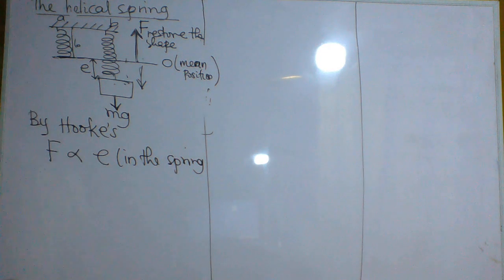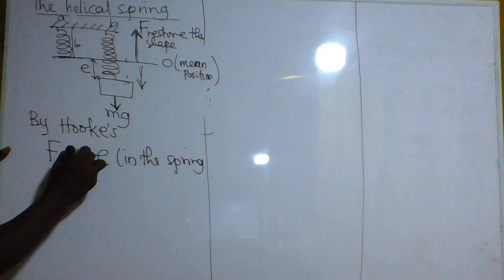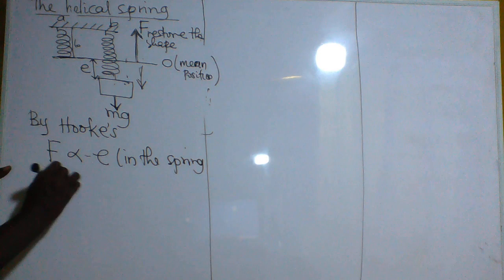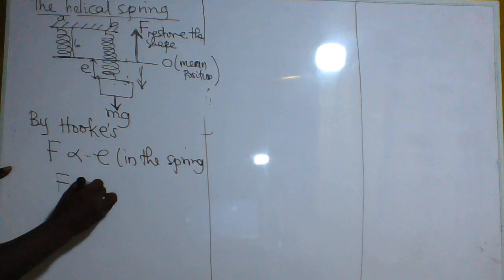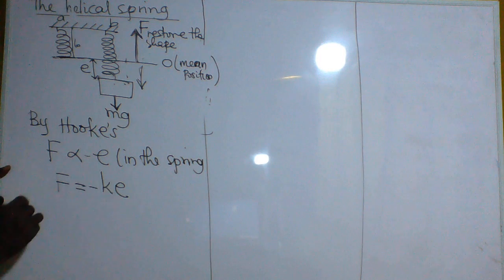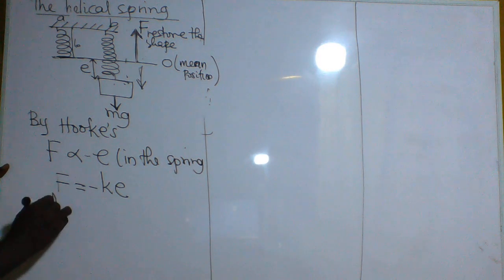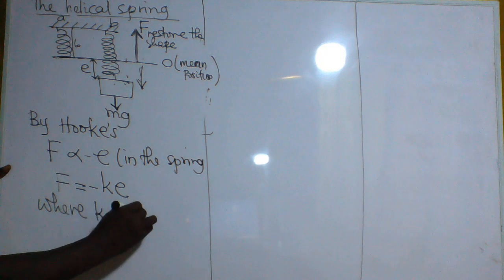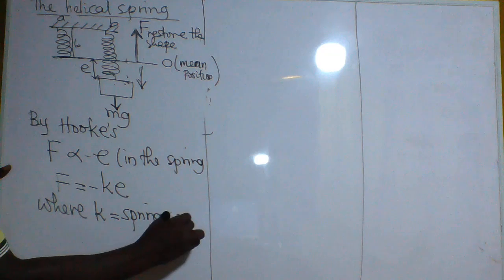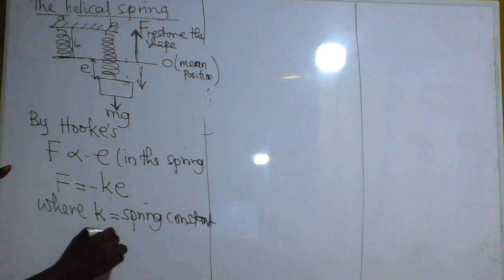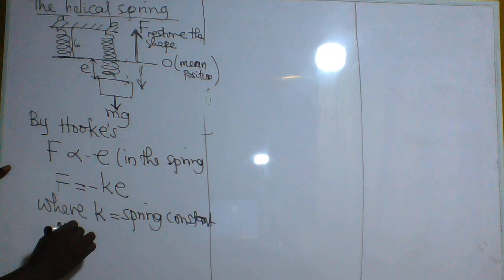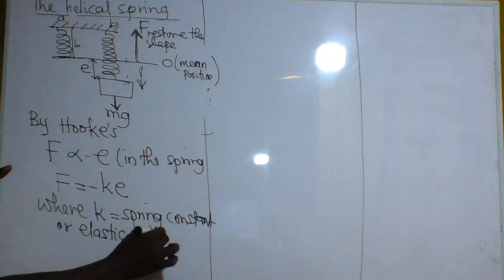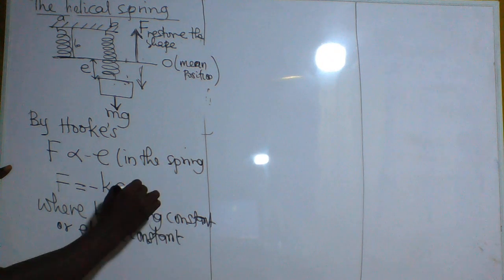So Hooke's law is saying that F is directly proportional to minus E. Now mathematically, when we introduce an equal to sign, we have F equals minus K E, K times E, where K is equal to the spring constant, or the elastic constant. So this is the Hooke's law equation.